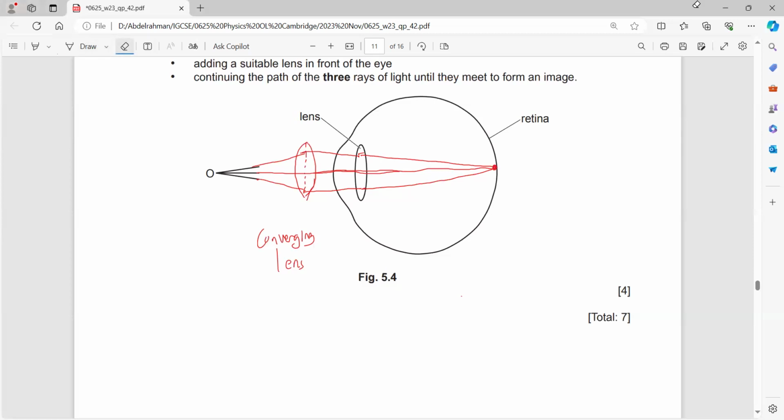In this part you can be a little bit more accurate, and I can draw it more accurately, in which it will bend a little, and then it will bend even more until it reaches the retina. This shouldn't be a straight line. This will definitely bend. It refracts.